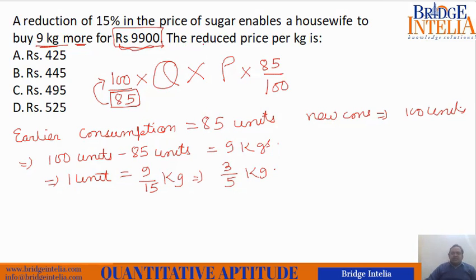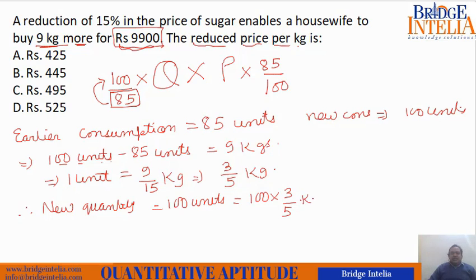Question is the reduced price per kg. Now she is buying 100 units. So new quantity or new consumption is equal to 100 units, which is 100 into 3 by 5 kgs. So that is equal to 60 kgs.